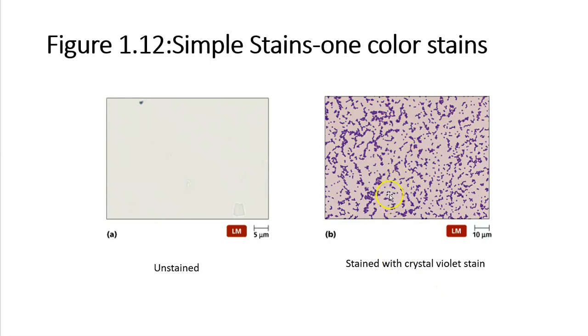I can see them in doubles right there where the arrow is pointing. I can see them clustering around. This is very typical of staph, but I really can't call it a staph. It is a staphylococci in that it is clustering. But I can't really say anything else because I've only stained it with crystal violet.